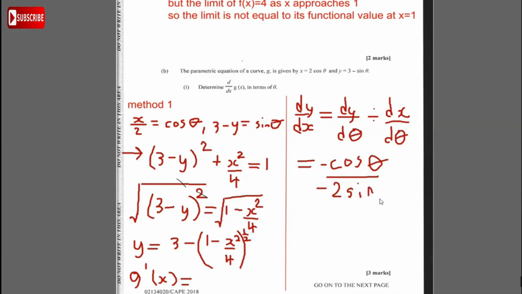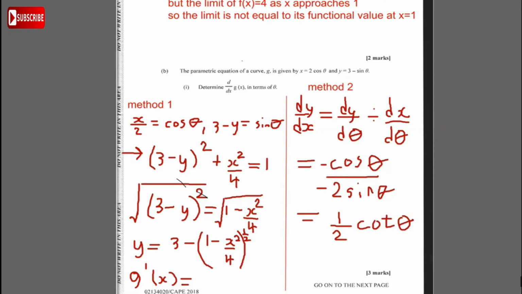And cos over sine is cot, and the minus is cancelled, and so you get a half cot theta. So this is the answer, half cot theta. This is method 2. But what I want to show you is from right here, we're going to get the same answer.